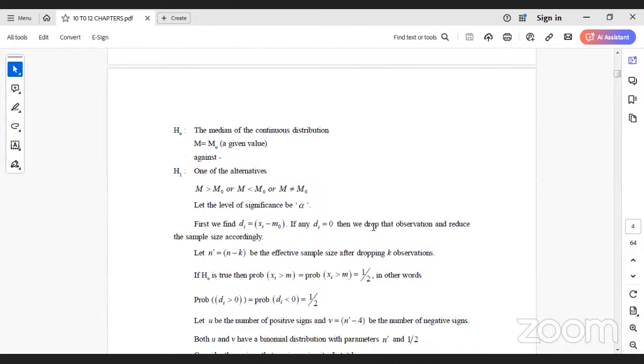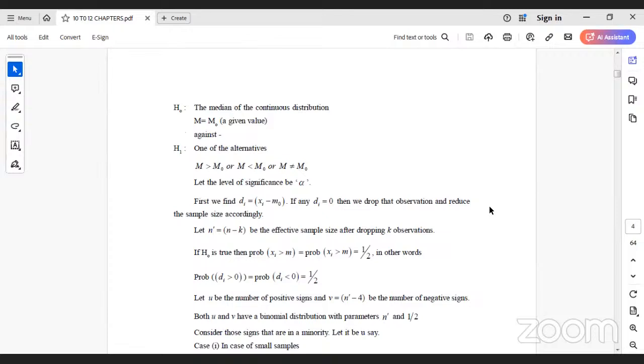Let the level of significance be alpha. First we find di equals xi minus M0. If di equals 0, we drop the observation and reduce the sample size accordingly. Let n dash equal n minus k be the effective sample size after dropping k observations.